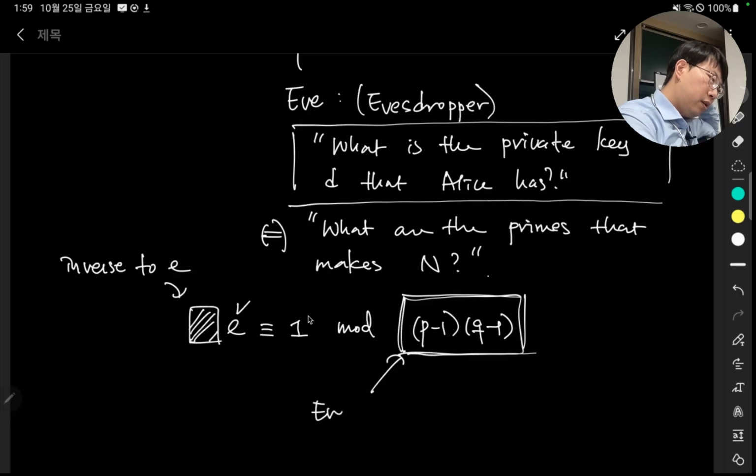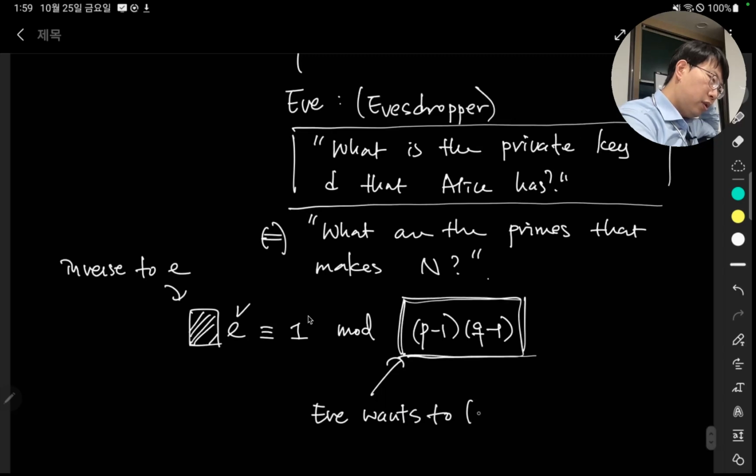Eve wants to know this number, but the only way he can find it is by knowing what P and Q are. That's why Eve tries to find the primes. As I said, since N is a large number, finding such primes one by one takes lots of time.